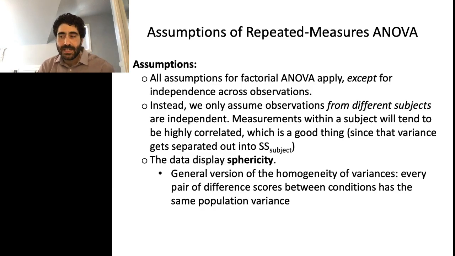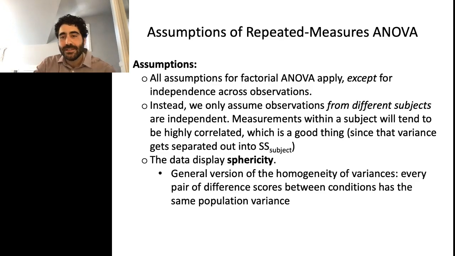So what this says is that if you take every pair of conditions here, like 5 milligrams versus placebo, 10 milligrams versus 5, and 10 milligrams versus placebo, for all of those differences, you need to have the same variance of those difference scores. And so this is a pretty strict assumption, right? There could be many of these pairs if you have a lot of levels, and so for this to hold for every single pair might get kind of unreasonable if there's lots of levels.